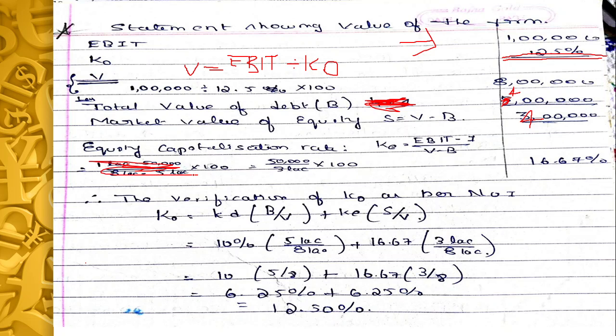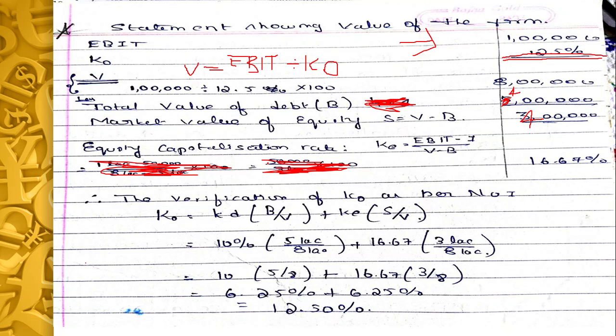So what is the equity capitalization rate? What is the formula? KE is equal to EBIT minus I over V minus B. You have different formulas, right? EBIT minus I divided by S was given, correct? But do you have the value of S here in the question? Do you have the value of S?